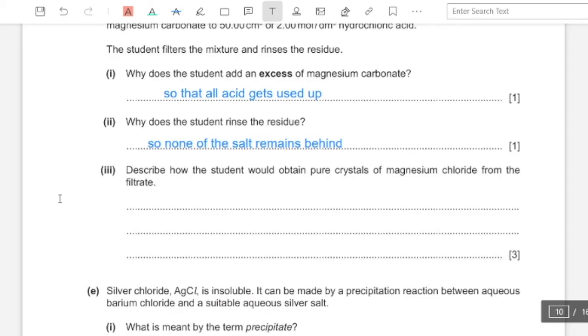Describe how the student would obtain pure crystals of magnesium chloride from the filtrate. Okay, so first, and then the second point is let it cool. And thirdly, filter, wash, and dry it.